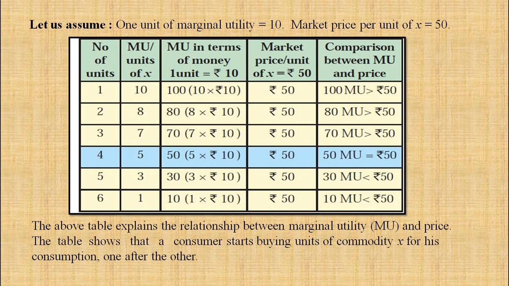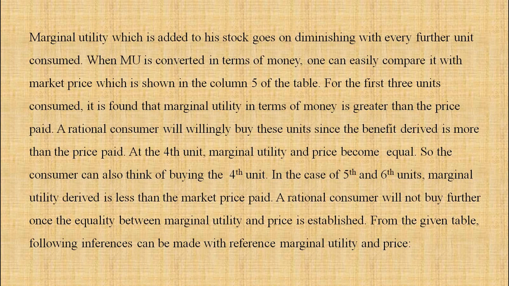The table shows that the consumer starts buying units of a commodity for his consumption one after the other. Marginal utility which is added to his stock goes on diminishing with every further unit consumed. When marginal utility is converted in terms of money, one can easily compare it with the market price, which is shown in column 5 of the table.